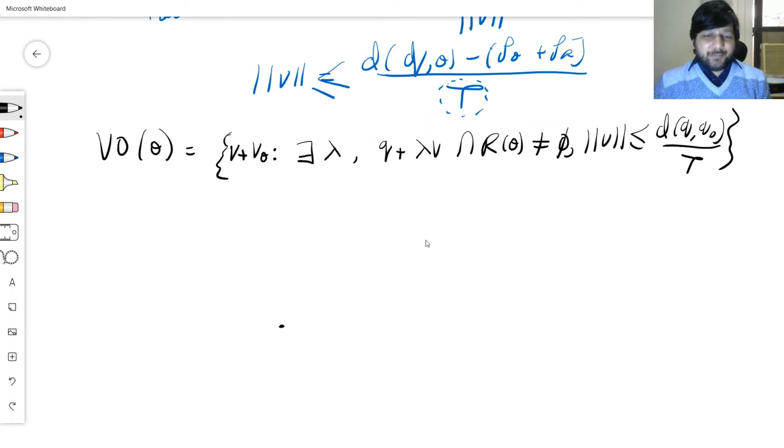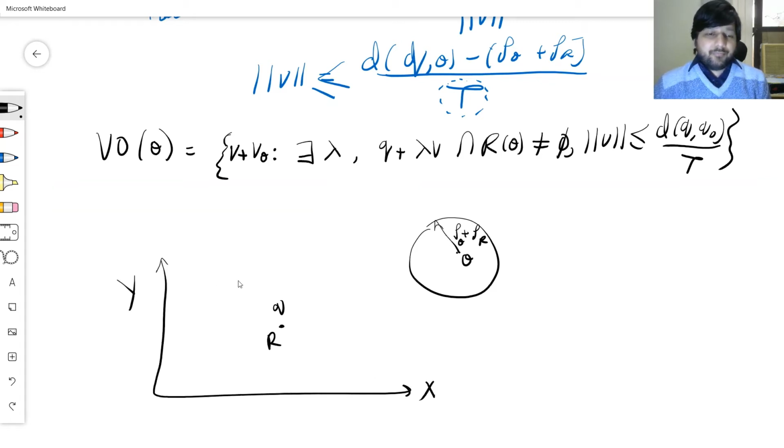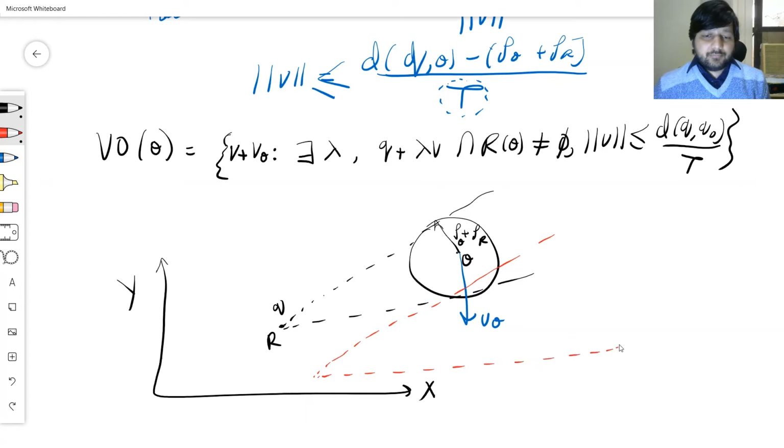And I'll of course give you another visual representation of this. So this is O, this is rho plus, so this was my collision cone. This was my V. So the second thing that I did was this became my old velocity obstacle.